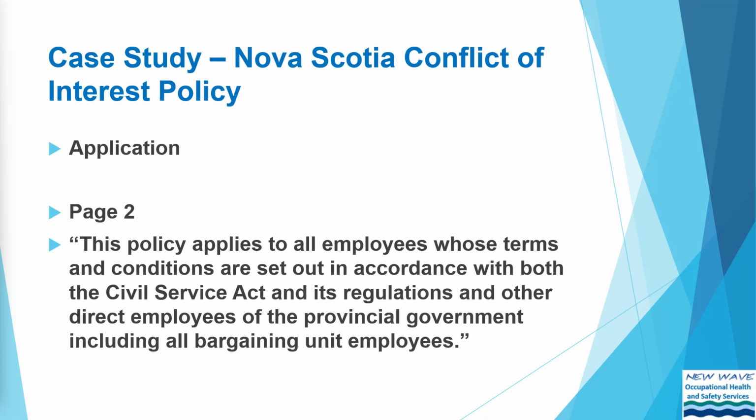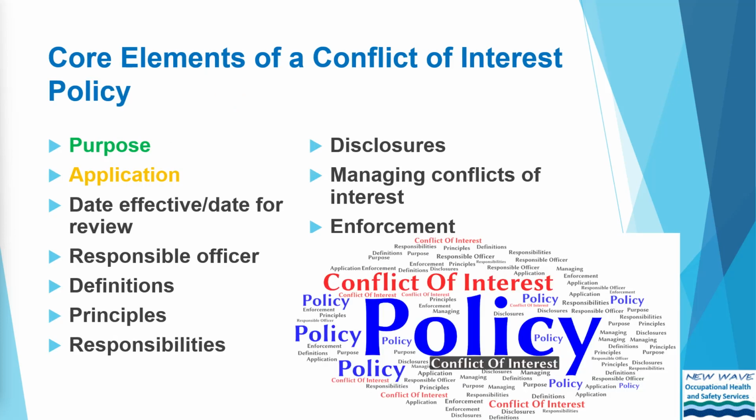So a bit complex, and you do need to know who is covered by the Civil Service Act. Not the most straightforward piece of legislation. So, for application, I give it a bit lower score.